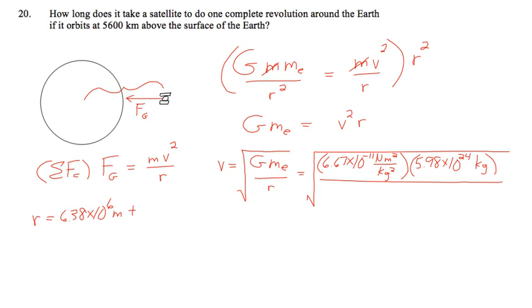What's that? There's 1,000, right? So I have 5,600 times 1,000. That's 5,600,000. So if I write that number in scientific notation, that's going to be 5.6 times 10 to the 6th meters, because I need both of these to be in the same units if I'm going to add them together.